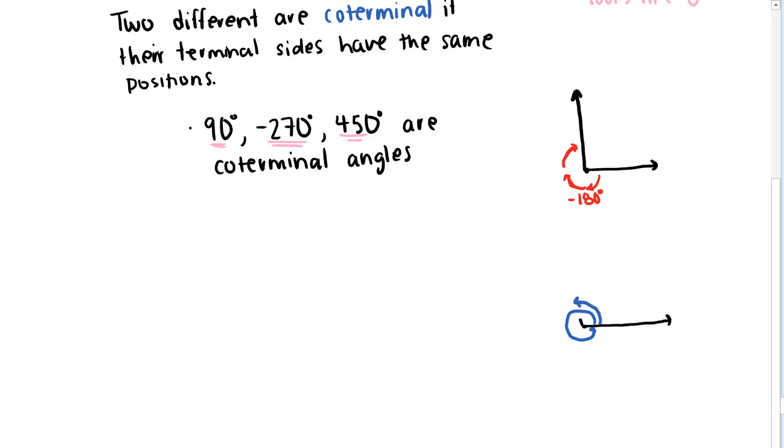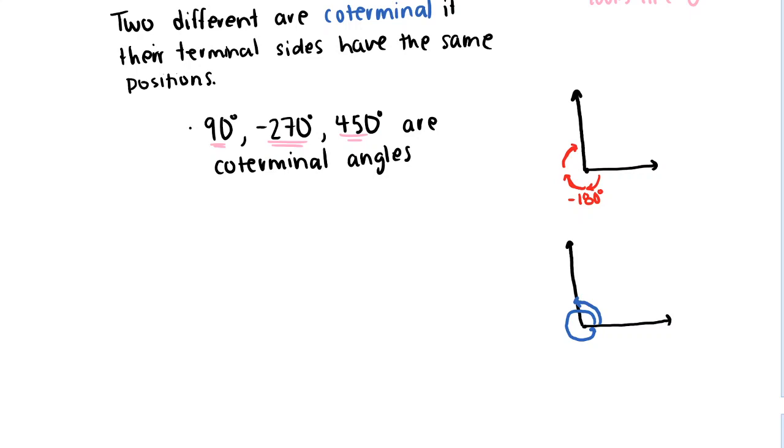And here's going to be my terminal side. Again, I get what looks like a 90-degree angle, but we're going to call it 450 degrees. I really want you to think of these coterminal angles as different angles. They just make your terminal side end up in the same position.